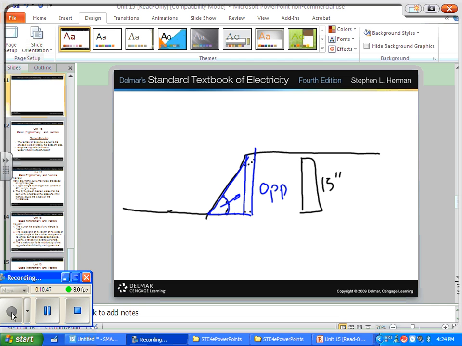Let's say we're going to pick 25 degrees. We're going to kick this conduit up 25 degrees. And I need to get over an object that's 15 inches tall. What am I looking for if I want to bend it here, and make it lay flat right on top of this obstruction? My hypotenuse. That's what I'm looking for. I'm looking for my hypotenuse because that's the marks between the bends.